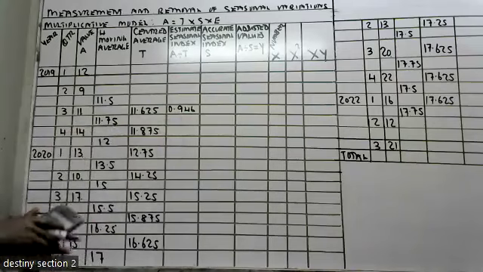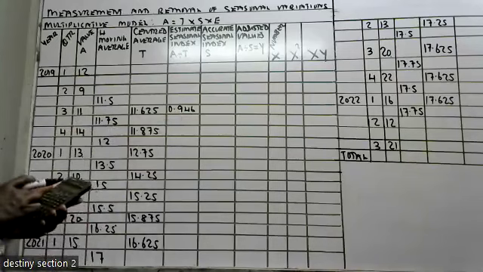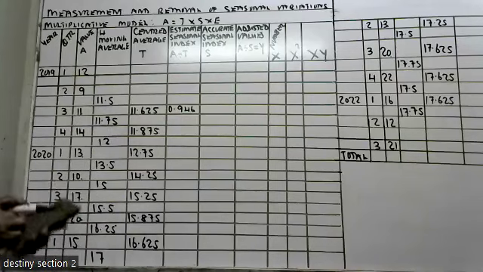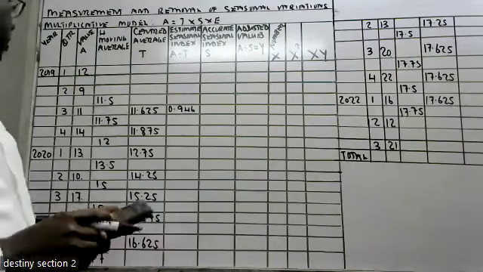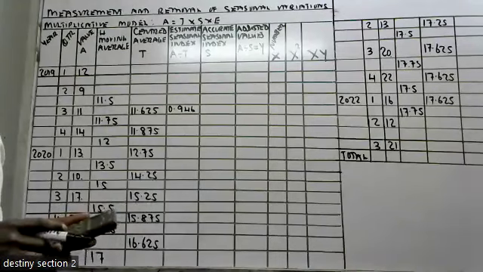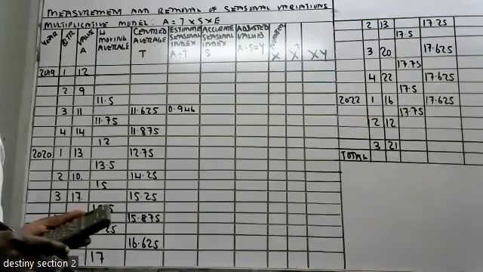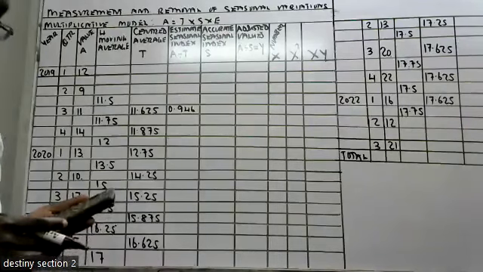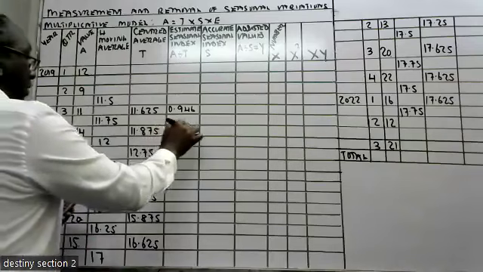Let's come to the next one, 14 divided by 11.875. Give me the answer. 1.179.